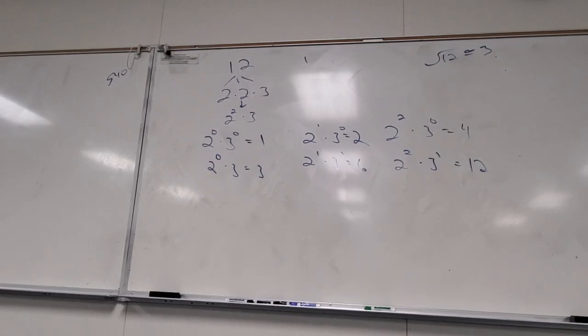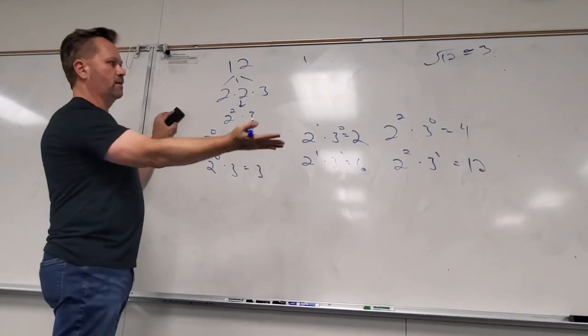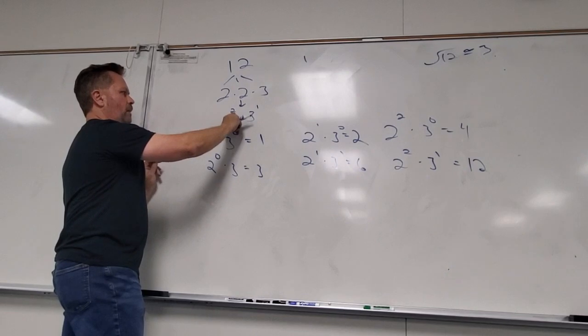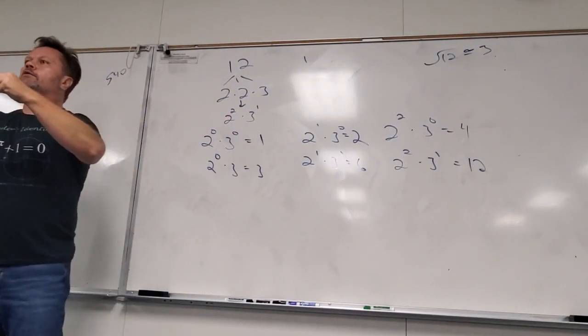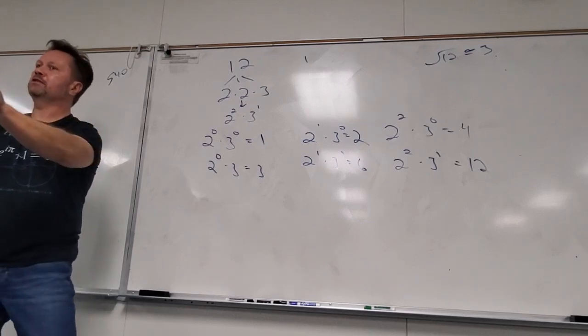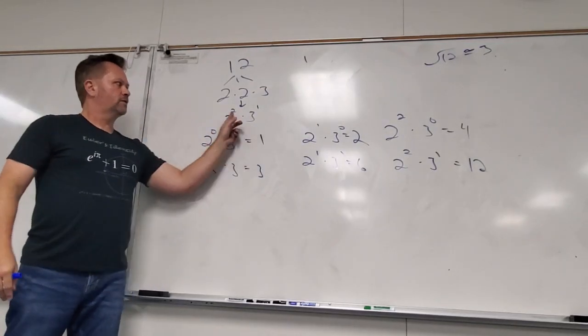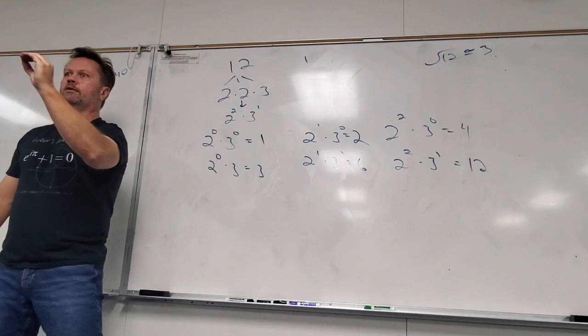So what's a shortcut I could do? Obviously, I don't want to do this because that's not really helping me. That's making the list, right? So what were the powers, the second power and the first power? The fact that I could pick none of it. I really want this to make sense. Why did I have 3 options for the 2 when it's to a second power? Because one of the options is none of them, right?